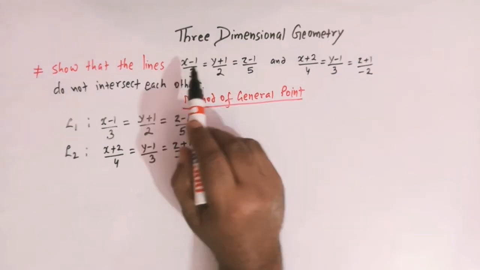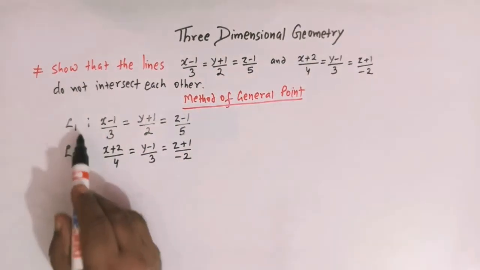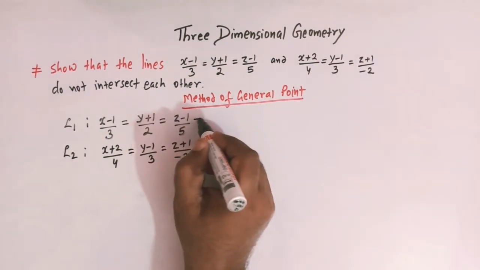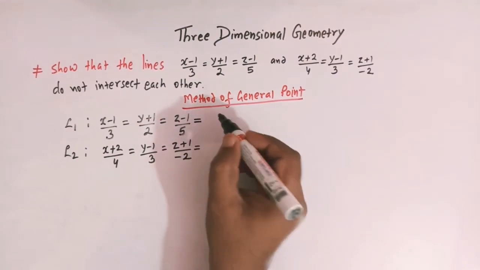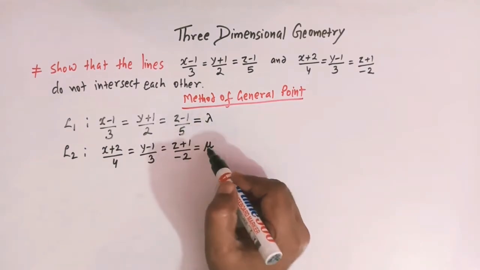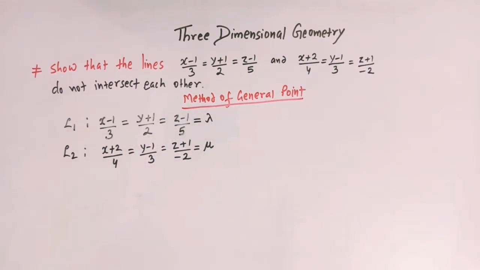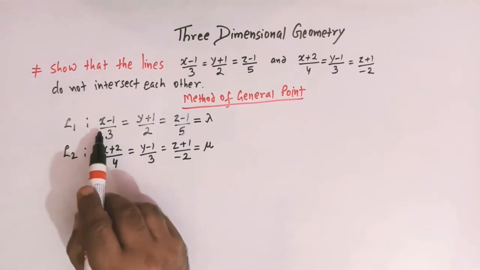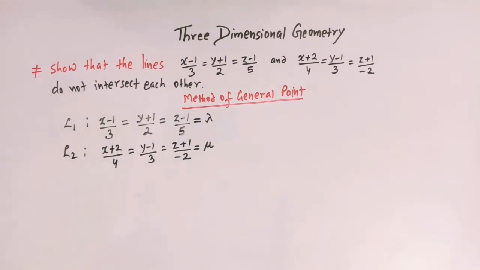First we will write these equations like this, and here we'll take two scalars, say lambda and mu. Lambda and mu are two scalars which are used to find the coordinates of the general point lying on these two lines.